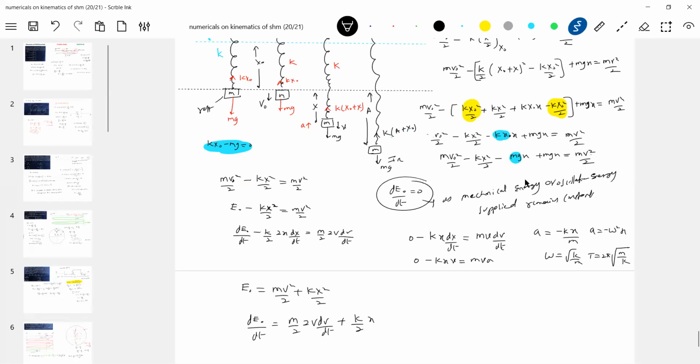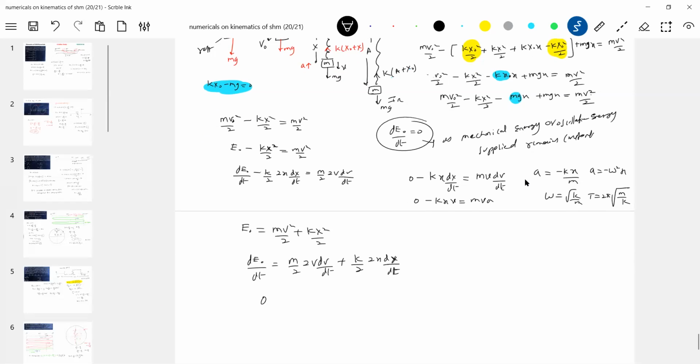You refer to any book, it starts from here. This oscillation energy remains the same, so mva plus kxv, or a equals minus kx by m. This is what is there in the book.